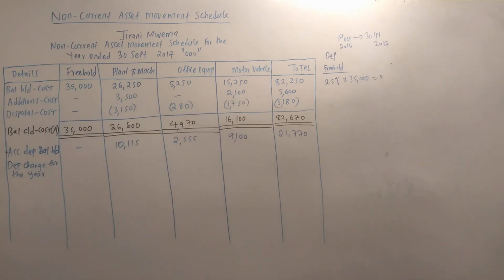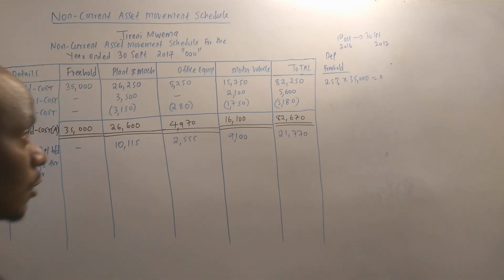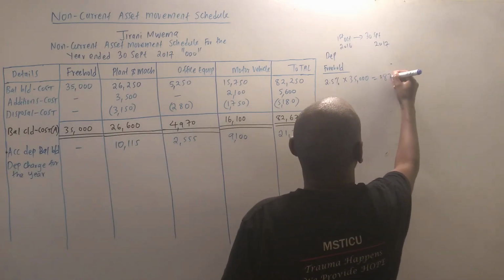How much would that be? 2.5 divided by 100 times 35,000. That is 875.